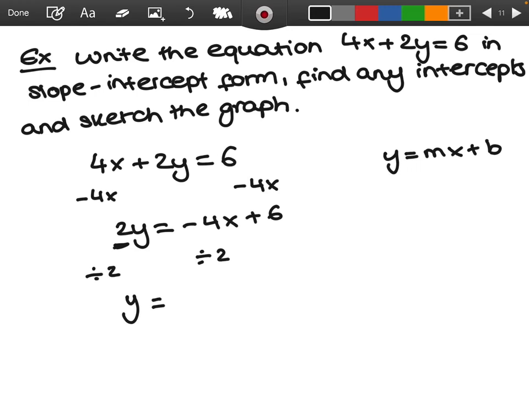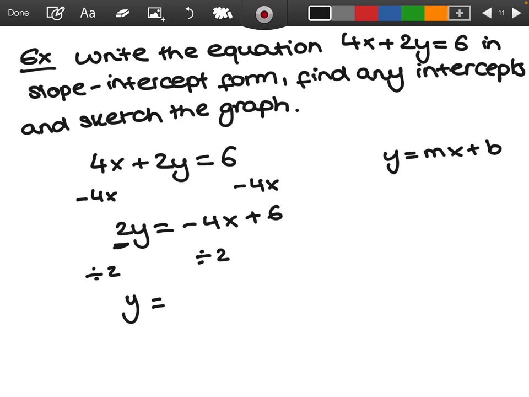Remember to do this with every term, not just the x term. So I've got to divide negative 4x by 2. I also have to divide 6 by 2. Make sure you do this. This is a very common mistake that people make. They do not divide every single term in that equation by that number.